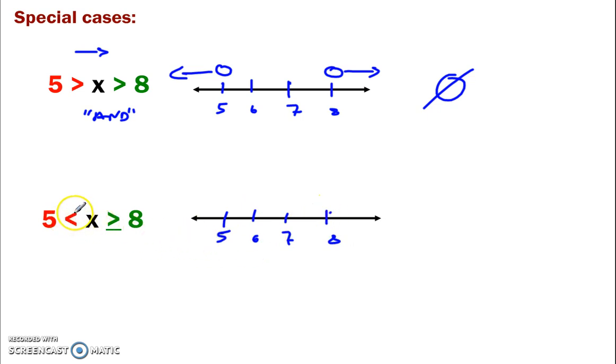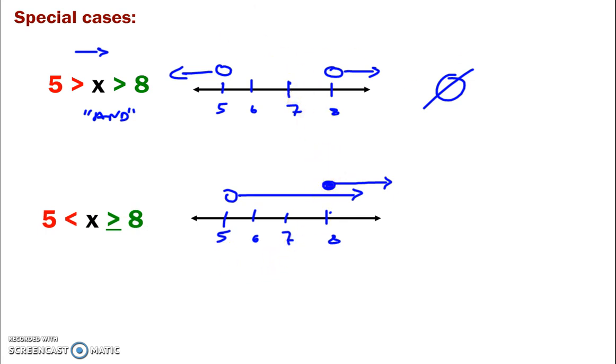Okay, x should be greater than 5. So here we have an open circle, greater than 5, going this way. This says x should be greater than or equal to 8, so closed circle here, going this way. What numbers fulfill both of these statements? Which numbers are both greater than 5 and greater than or equal to 8?